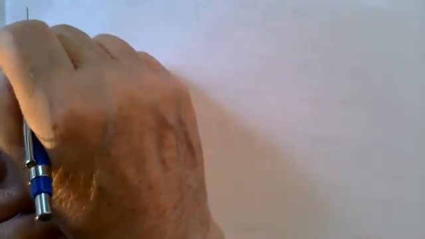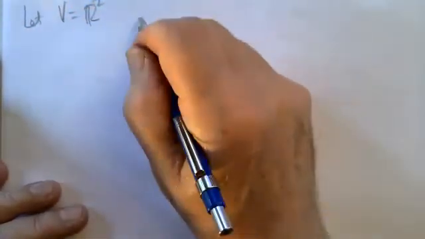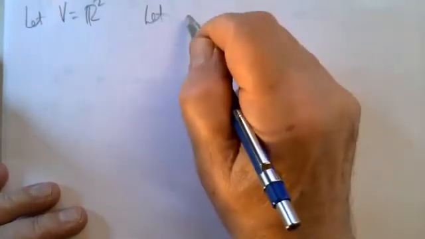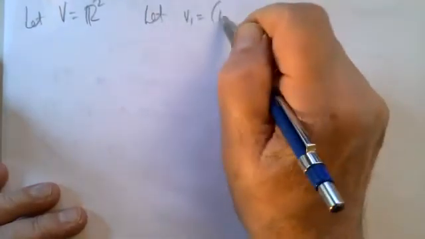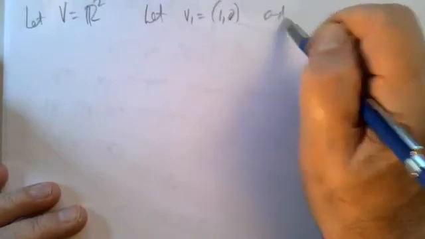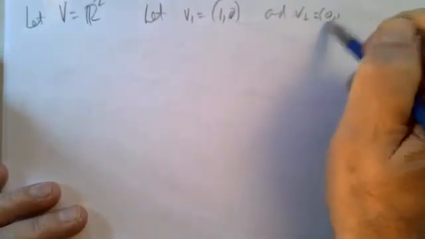So again, there's the most important example. Suppose I let the vector space be R2 and take the vector V1 equal to (1, 0) and V2 equal to (0, 1).